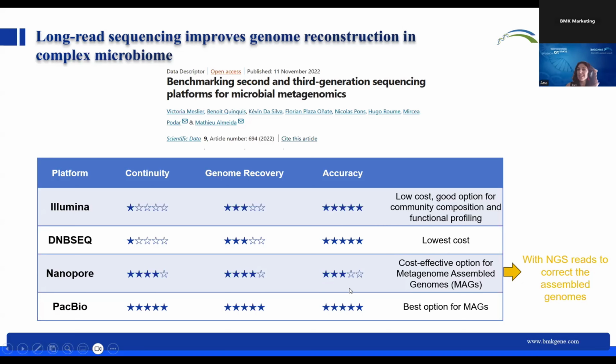As you can see, Nanopore has an accuracy problem, not to say a problem, but it's not as good. So the strategy that we use is to assemble with Nanopore to get longer contigs, and then use NGS reads from Illumina to correct the assembled genomes. So we can improve this accuracy, basically joining the best of both technologies.